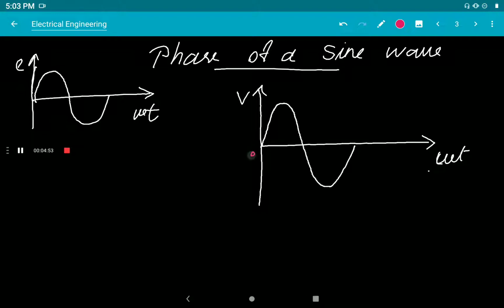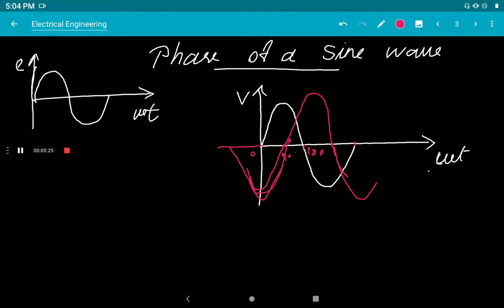When this is 0 and this 90 degree, then 180, 270, 360. So from 90 degree I am representing another wave. So we are representing a wave like this.